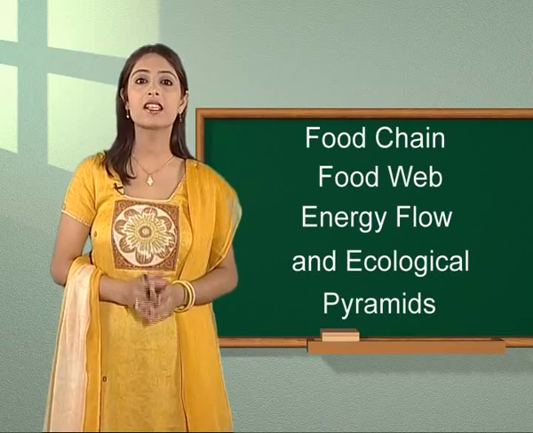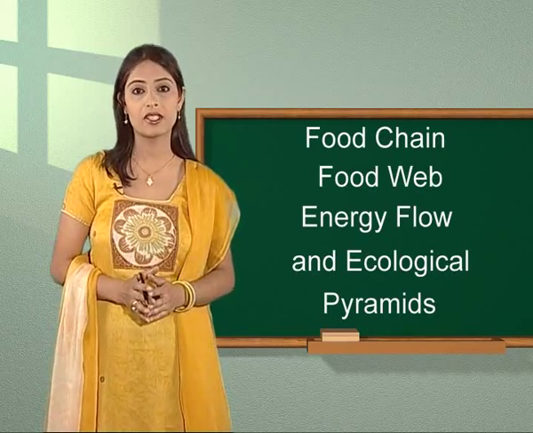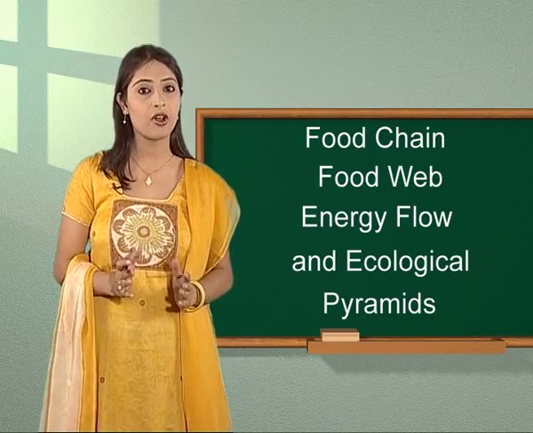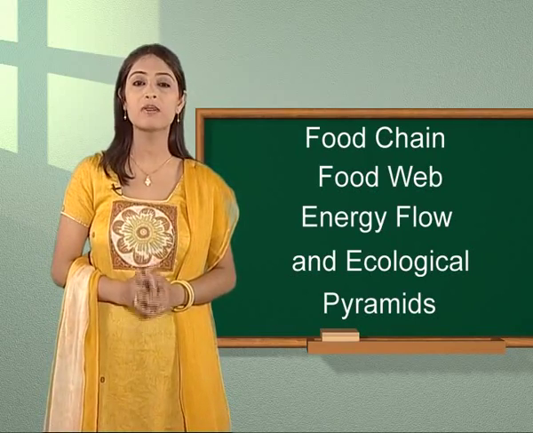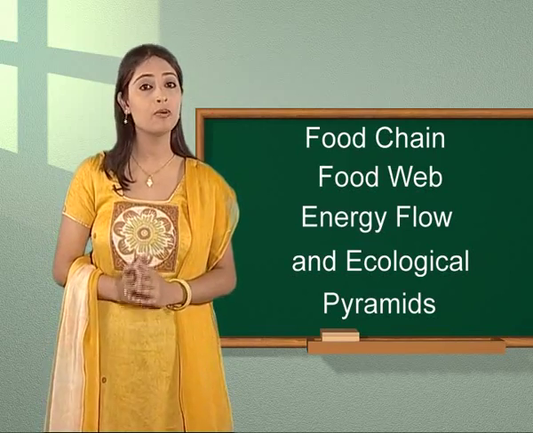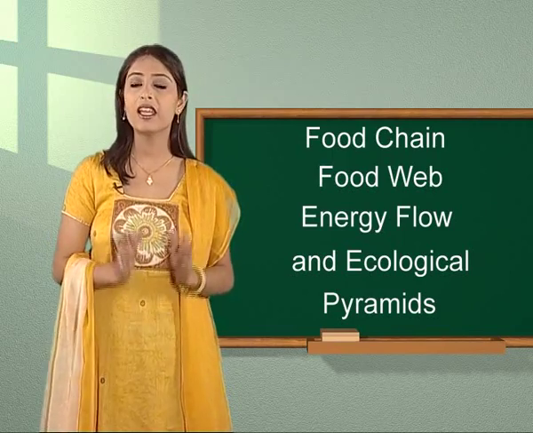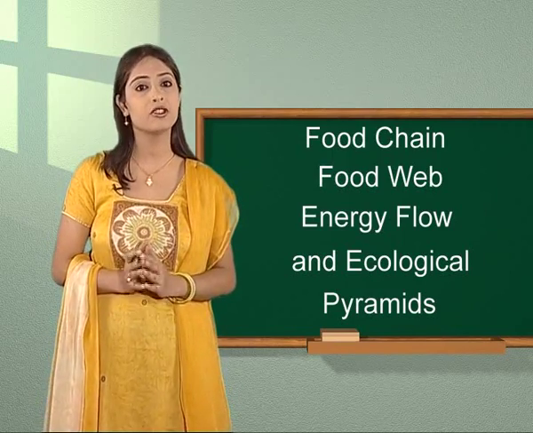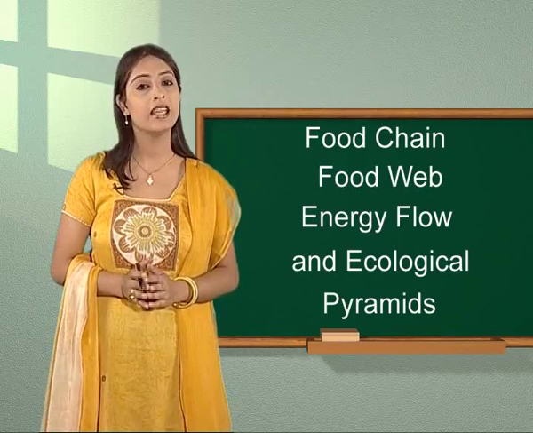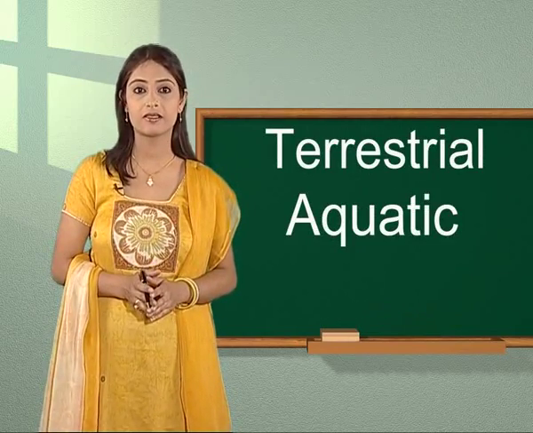Many ecologists consider the entire biosphere as a global ecosystem, which consists of all local ecosystems on Earth. Since this system is too big and complex to be studied at one time, it is convenient to divide it into two basic categories, namely the terrestrial and the aquatic.